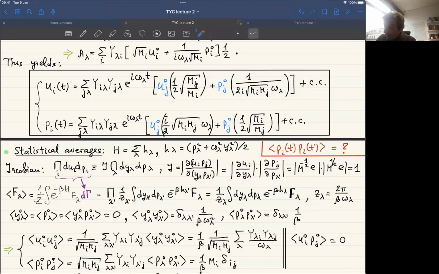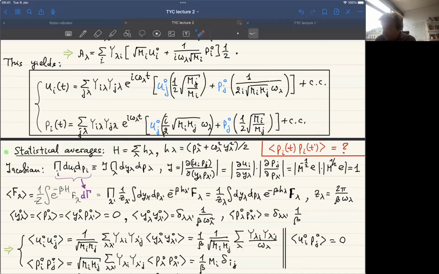Then if we would like to calculate an average of this kind, where f lambda is some function of the degrees of freedom of the normal mode lambda, then this exponential function, because the Hamiltonian is a sum of the Hamiltonians for each harmonic oscillator, becomes a product of exponential functions associated with each normal mode lambda prime.